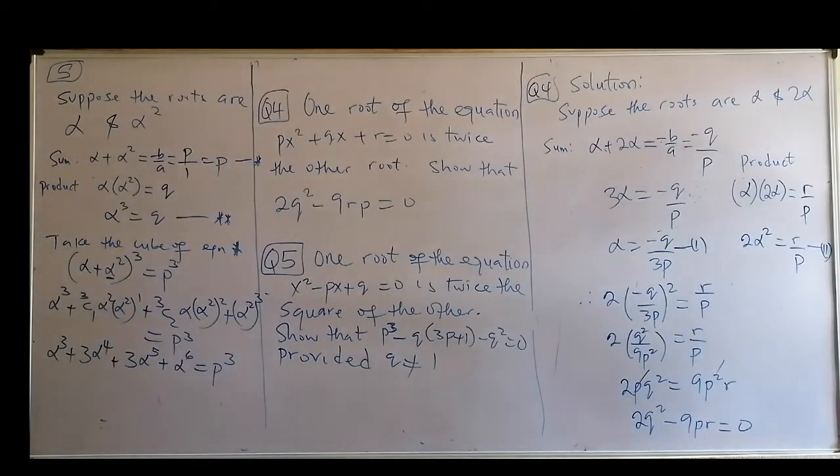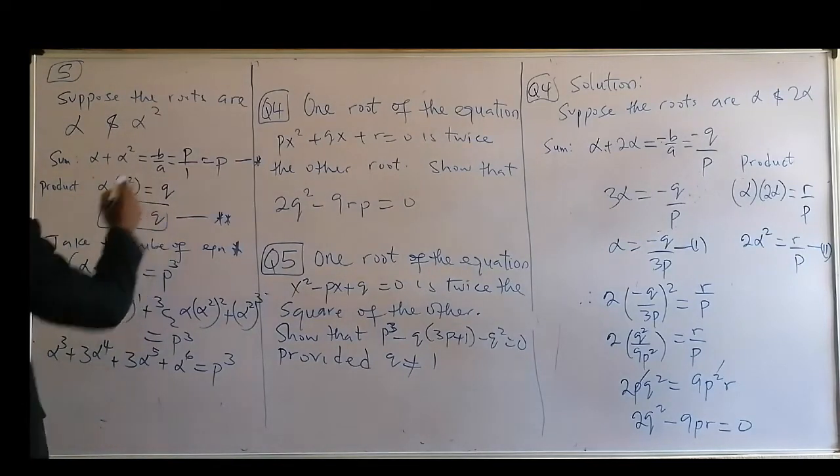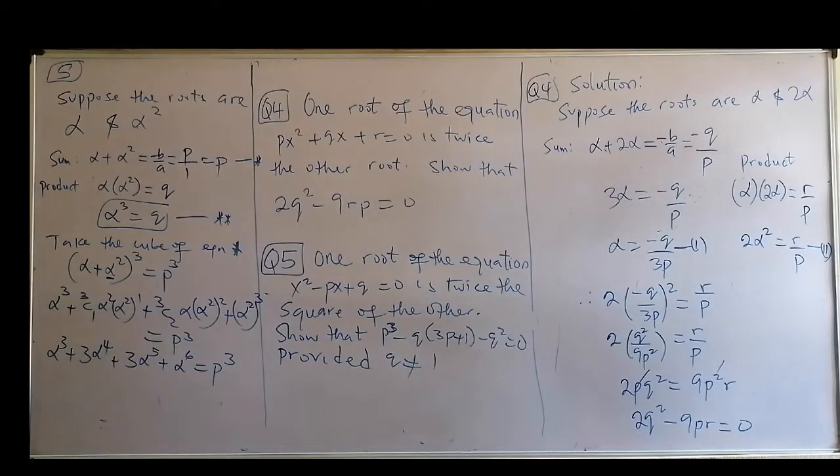Okay, so let's see what we can do here so that we can also make use of this equation. Alpha cubed, you can see alpha cubed is here. That's q. Plus these two, can we factorize it? 3 is common. Alpha 4 is here, alpha 5 is here.